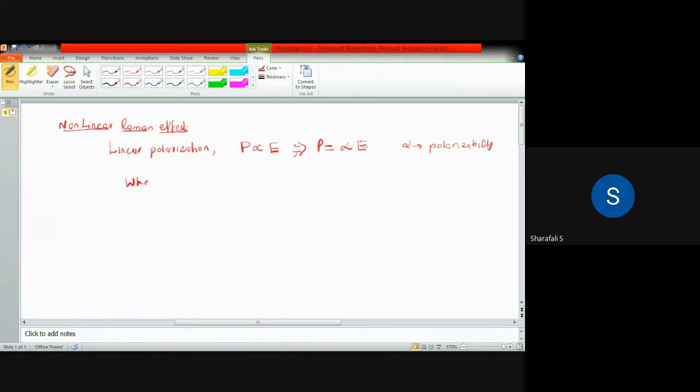When the pulse has very high intensity, the polarization becomes nonlinear.